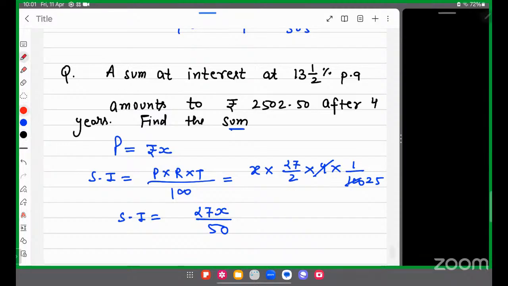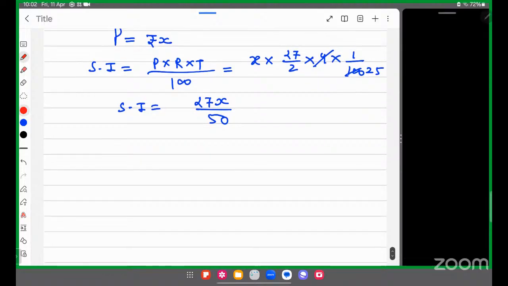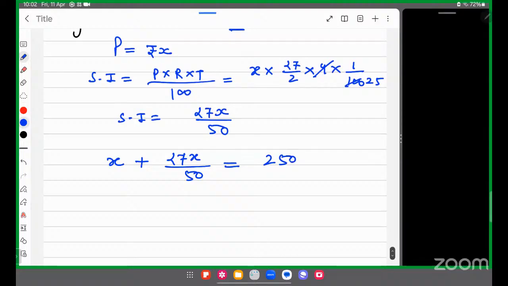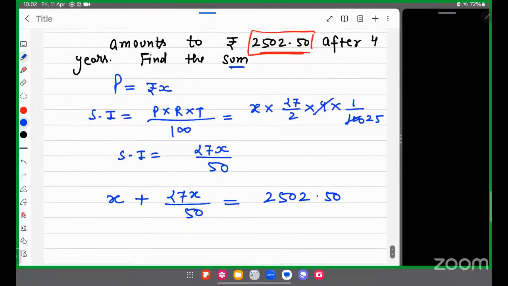Now according to the question, it states that a sum at this rate amounts to this one, which means when you return the money to the person from whom we have taken it, we have to pay the original amount, the principal amount, and we have to pay the interest, and the overall cost is coming to be this amount. So according to the question, we can state that principal amount plus simple interest costs us 4502.50.